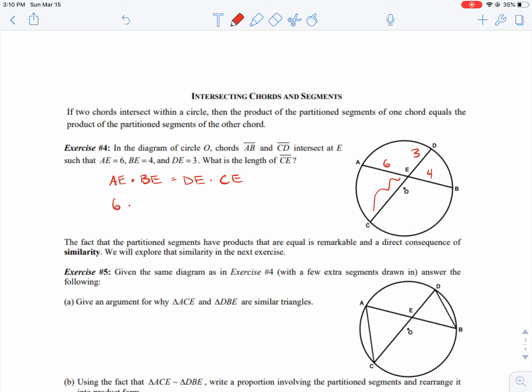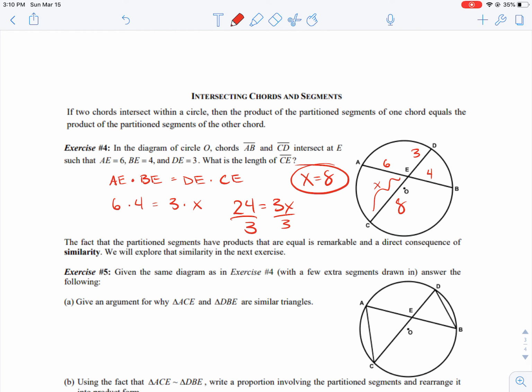So in this case, it's 6 times 4. I'm just going to put an X in there for CE. And so DE is 3 times X. So you're getting 24 equals 3X. Divided by 3, X is equal to 8. All right? So this length is an 8.